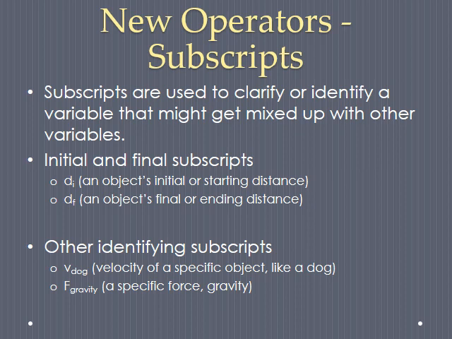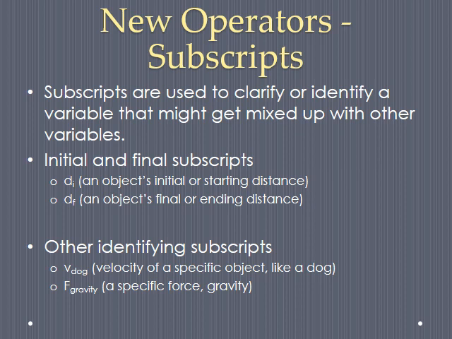The first of these are called subscripts. Subscripts are used to clarify or identify a variable that might get mixed up with other variables that you're working with. These are commonly used in science. Initial and final subscripts are some of the ones we use the most. For example, we might say that something starts at 2 miles away and stops at 5 miles away.